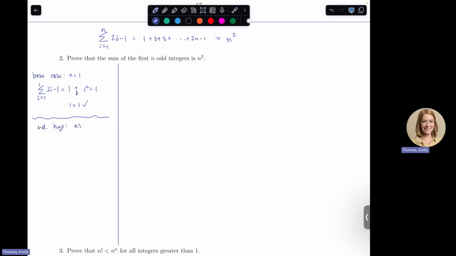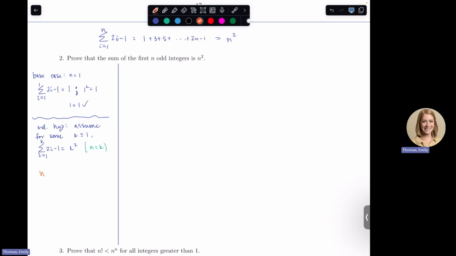All right, inductive hypothesis. We are going to assume for some k greater than or equal to our base case that it's true. So we're going to assume from i equals 1 to k that the sum of 2i minus 1 is equal to k squared. So we assume that the summation works for some k value greater than or equal to our base case.